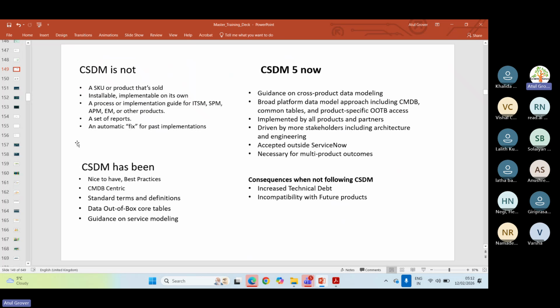It is not Java code, not a script, not a set of reports. If we have a CSDM dashboard, is that fine? No. CSDM is best practices. CSDM is standard definitions. And CSDM is building a service model together. We'll justify these points.